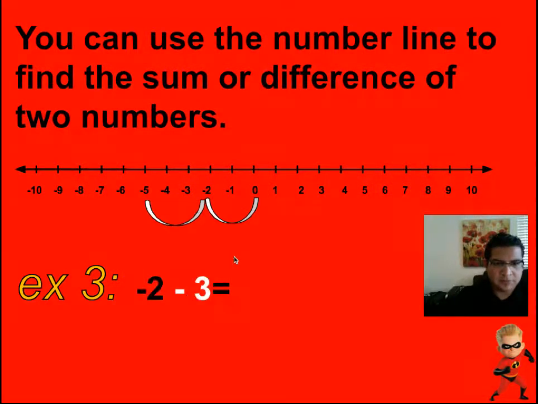You count 1, 2, so negative 2. Let me circle that. You started here, but from there, you went 3 units to your left. So 1, 2, 3. And now your answer should be negative 5.